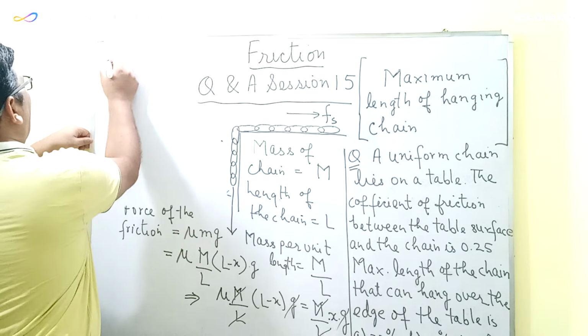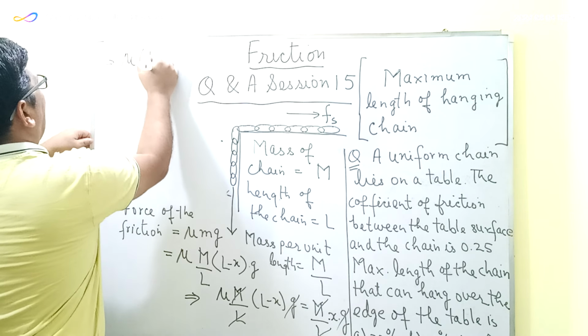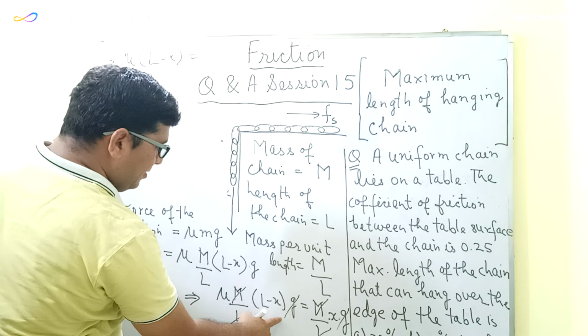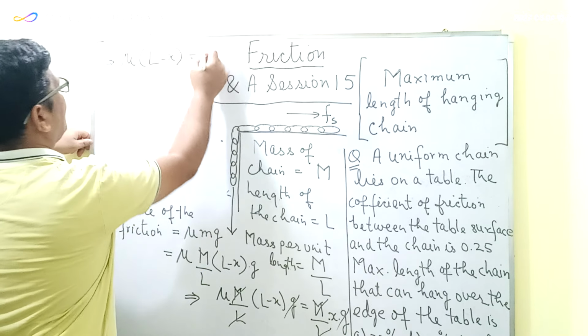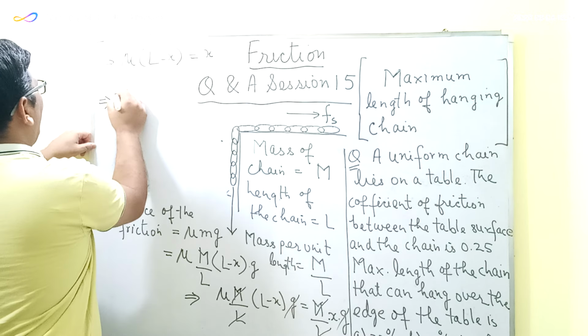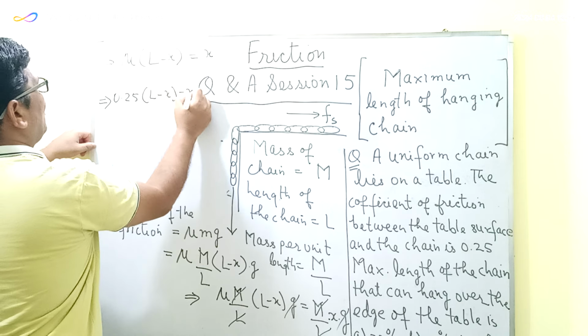Finally what we are left with is mu into L minus X equal to X. So mu is equal to 0.25, and this will be equal to L minus X, and this is equal to X.